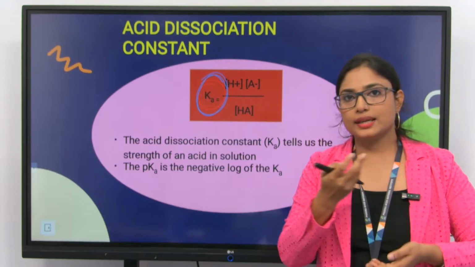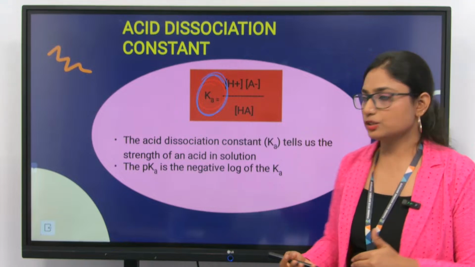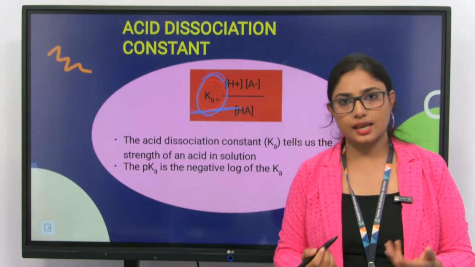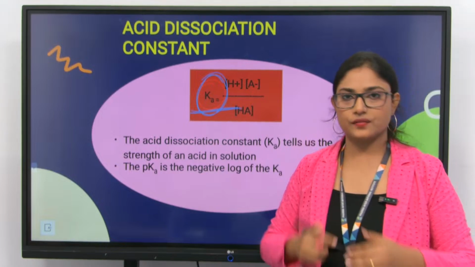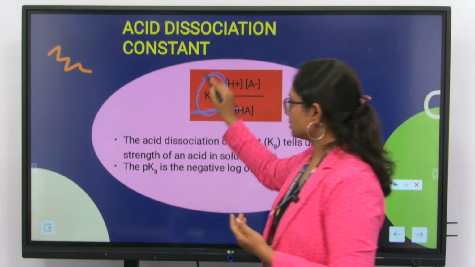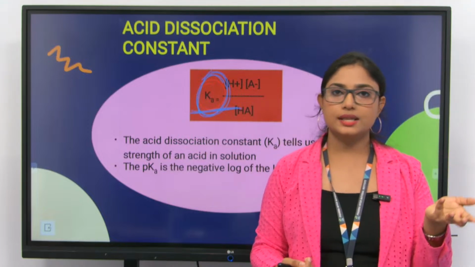So when we formulate a drug, in order to check the absorption pattern, we should know about the dissociation constant, that is Ka or Kb. If the drug is a weak acid, we should know about the Ka value, and if the drug is a weak base, we should know about the Kb value.